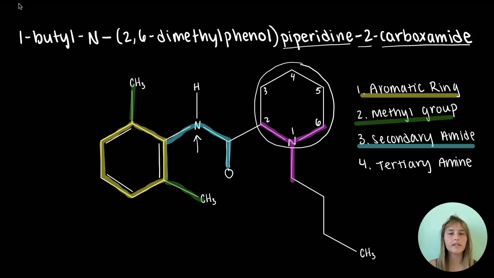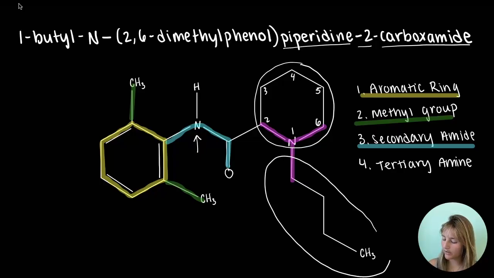Then we'll take the rest of the attached substituents and functional groups and label them alphabetically, making sure to have the lowest number for the attachments. So we have a butane attached to the number 1, which will give us 1-butyl.